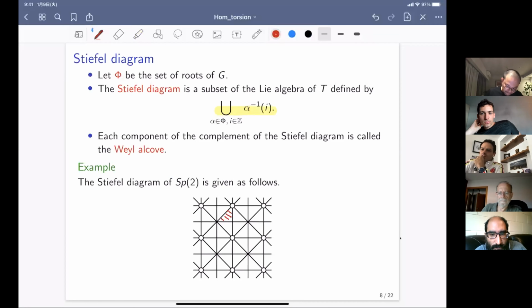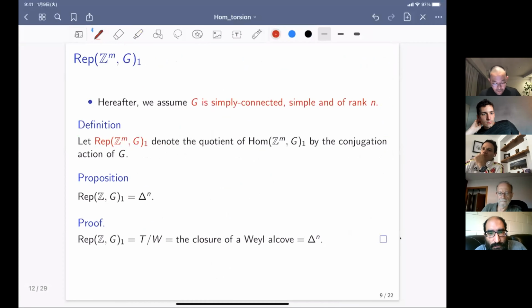Okay, so let's consider another space, Rep(Z^m, G)_1. Hereafter, we are going to assume that G is simply connected and simple of rank n.